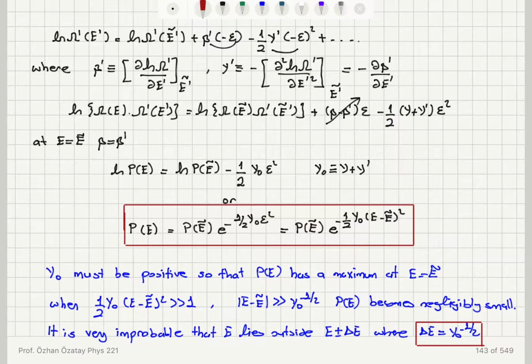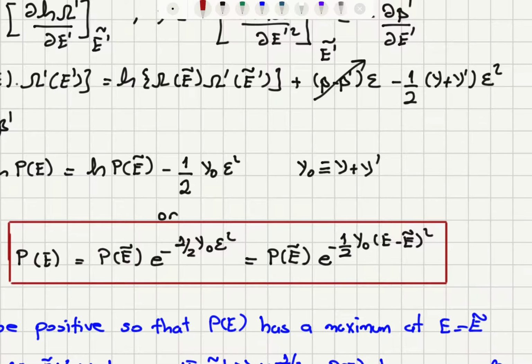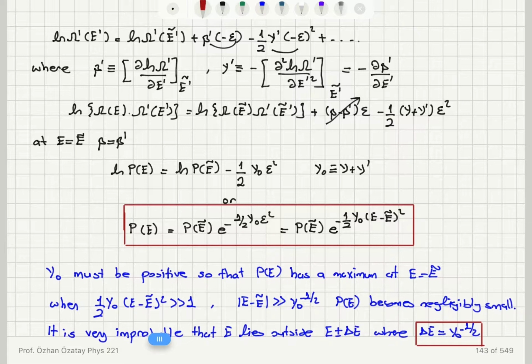Gamma 0 was the addition of these two, and we found that the probability was decaying exponentially with e to the minus 1/2 gamma 0 epsilon square in the vicinity of the most probable energy, and the magnitude of the energy fluctuations was gamma 0 to the power minus 1/2.